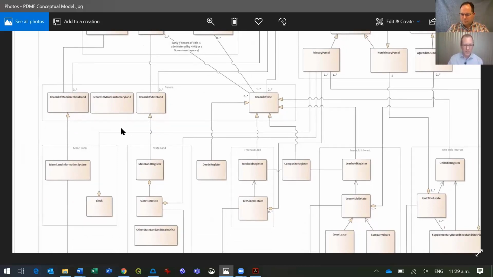There's not much content in this model about Maori land, but during the work to develop the model, we identified that Maori land was part of the property picture. So we needed to have at least a placeholder for that so that it could be developed further in the future. And pretty much the same would apply to state land as well.